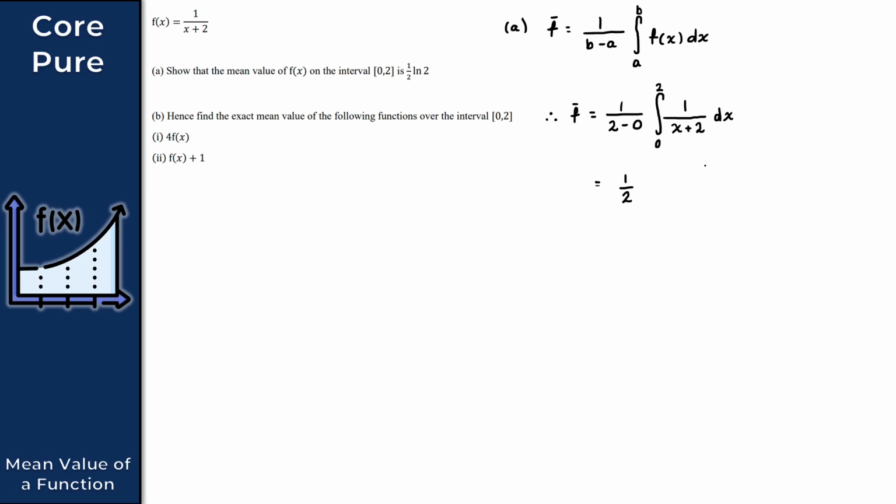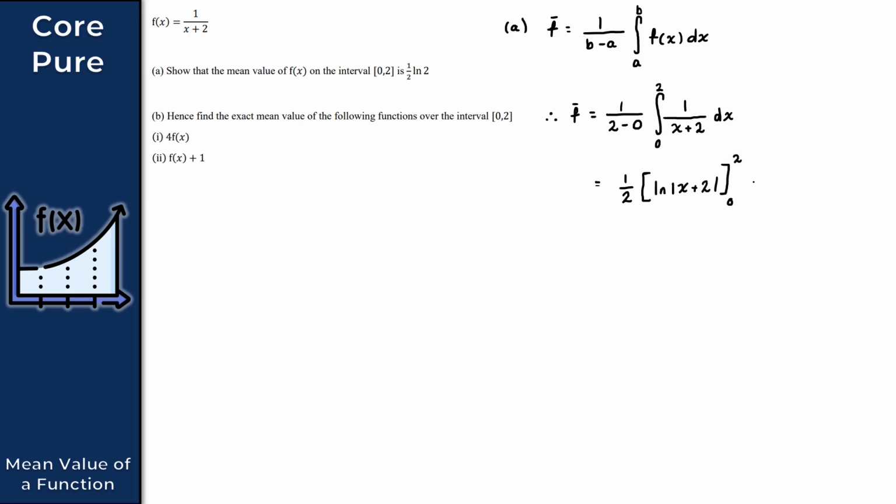Now for this integral, nice and straightforward. The derivative of my denominator is the numerator. So what we get is a half times ln of my denominator, ln of x plus 2. And don't forget that we need to evaluate this with the limits from 0 to 2.